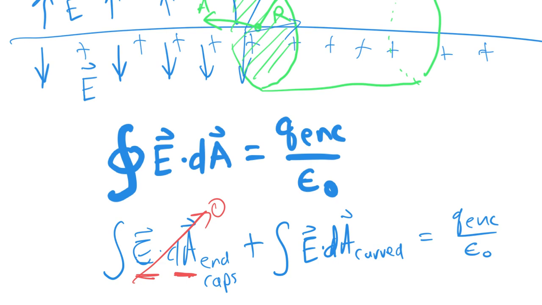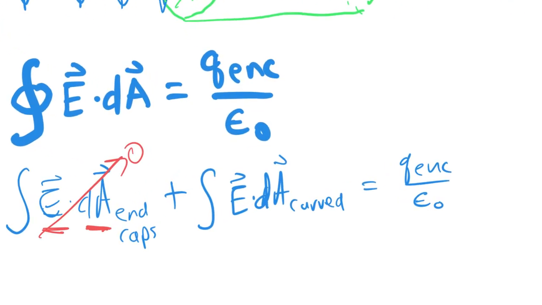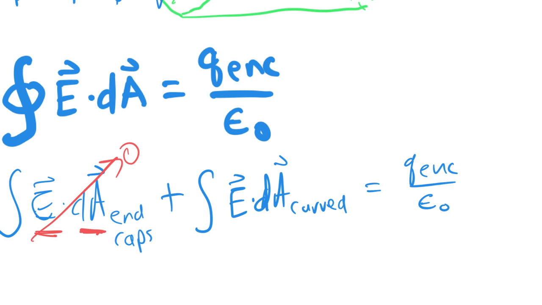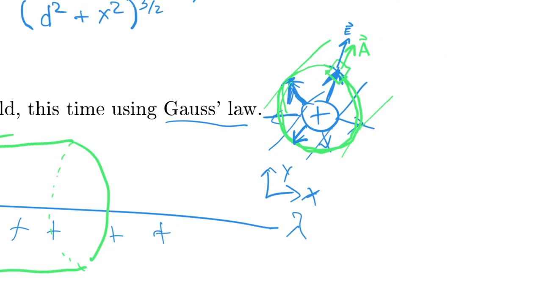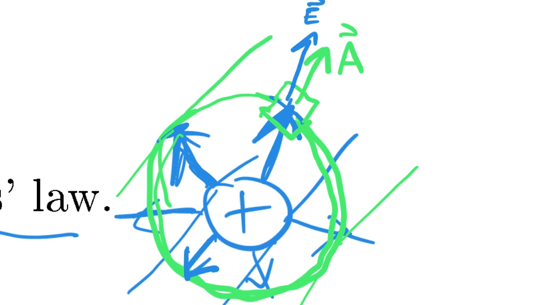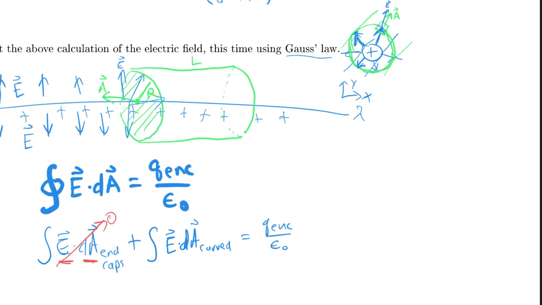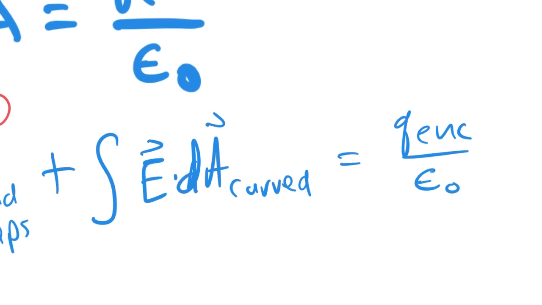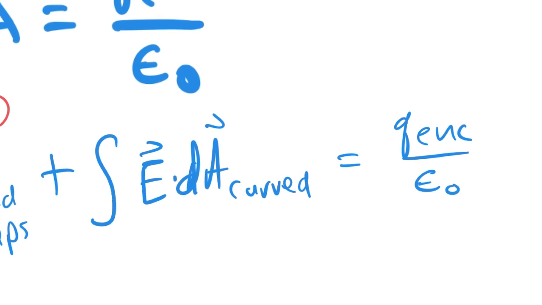So we don't have to worry about that at all. Now, the dot product for this one, we said earlier that all of the area vectors are going to be completely parallel, right? So if we just go back up over here, the area vector was parallel to the electric field vector. So this dot product between E and dA, if those are parallel, means the angle between them is 0.